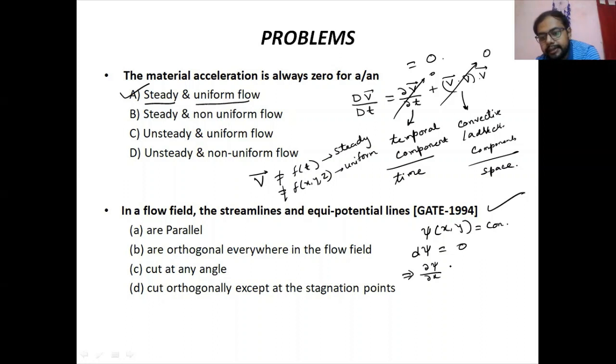Del psi del x dx plus del psi del y dy is equal to 0. Del psi del x is v, and del psi del y is minus u. So the slope of the streamline will become dy/dx equals v by u.